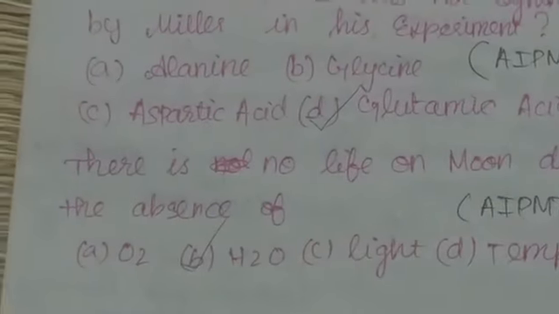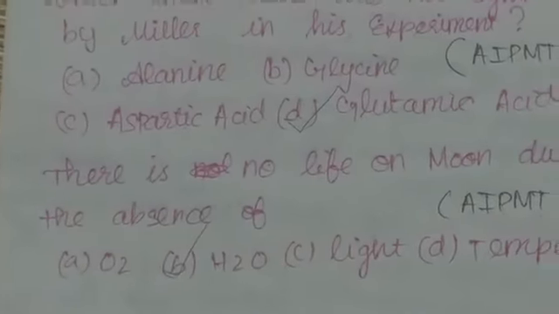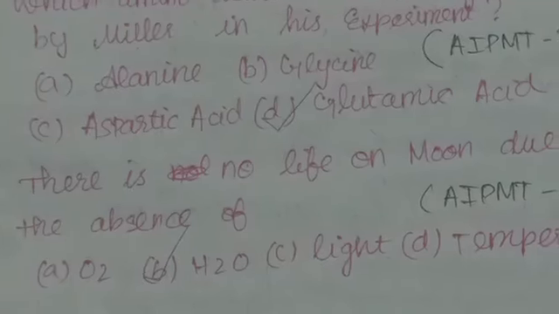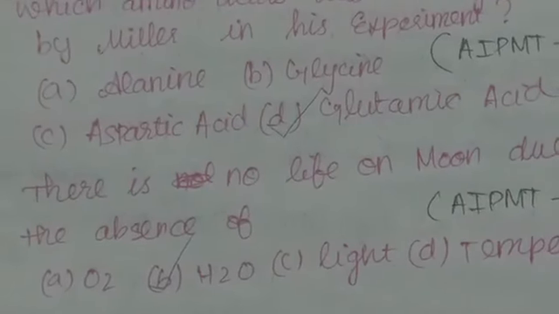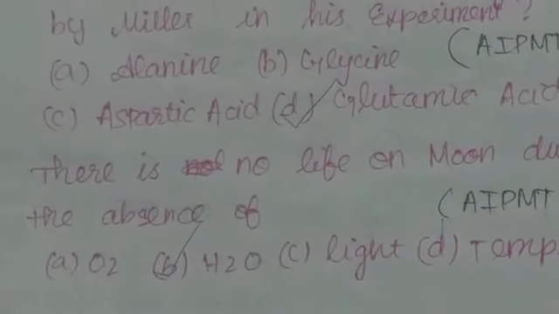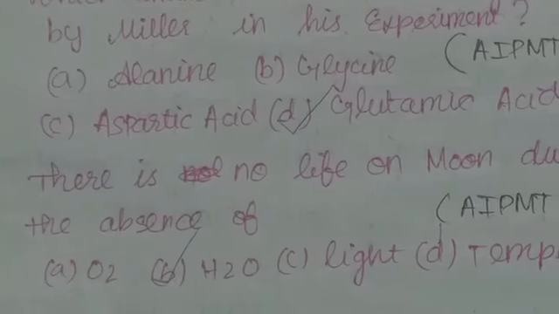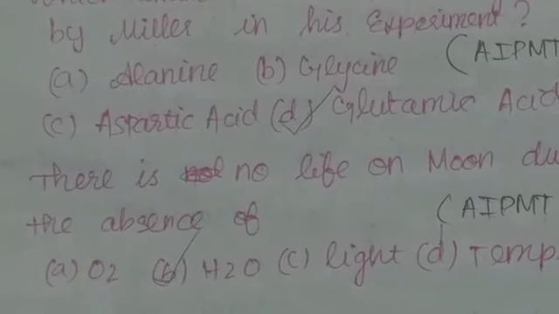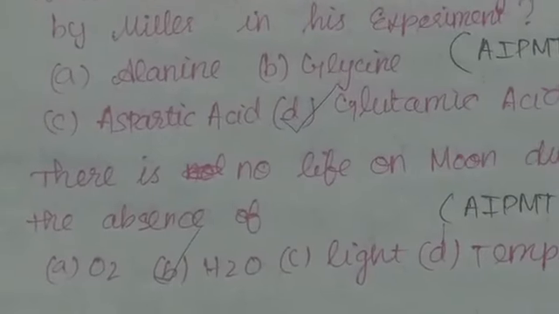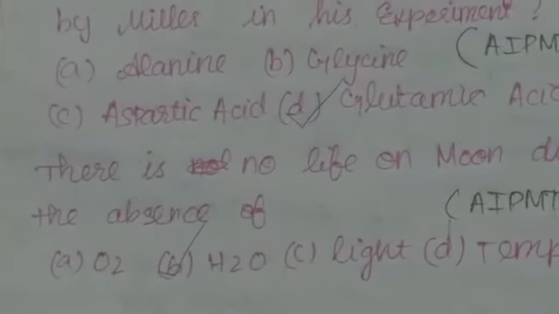Anaerobic organisms can live without oxygen, there are organisms which can live without light, and organisms which can live in both high and low temperatures, but the major need of every organism for life is water. So there is no life on the moon due to the absence of water.